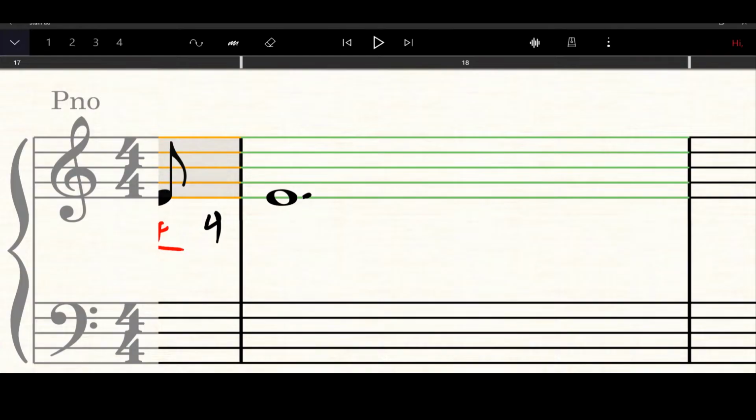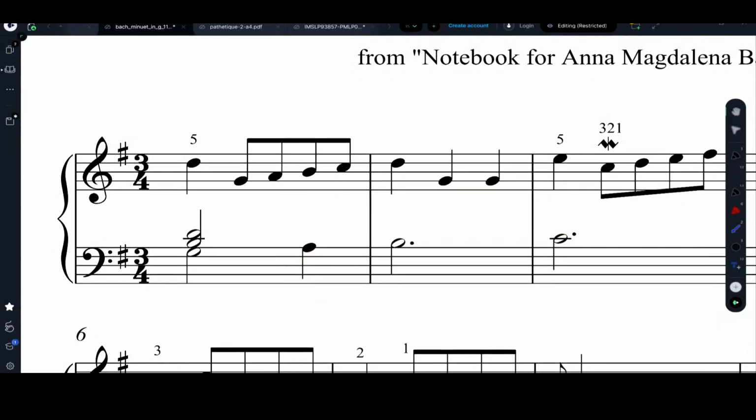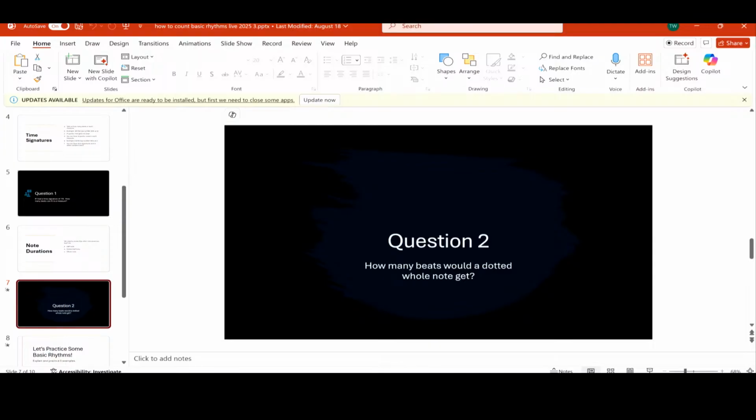You might have one in something really weird like 6/4. I guess you could have a dotted whole note. So yeah, you guys are all getting it right now. This is excellent. All 6s. Perfect. Yeah, so it gets 4 plus half of 4, which is 2. So 4 plus 2 is 6. So good. I like asking those questions because you don't see dotted whole notes hardly ever. Like I said, they can only exist in a couple of time signatures, but it's a good brain teaser nonetheless.